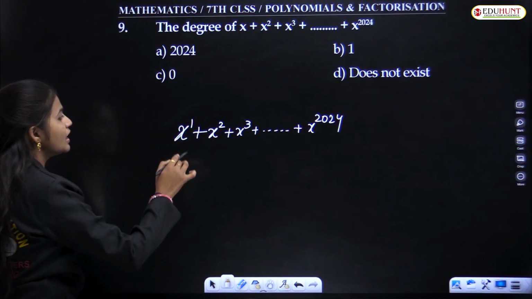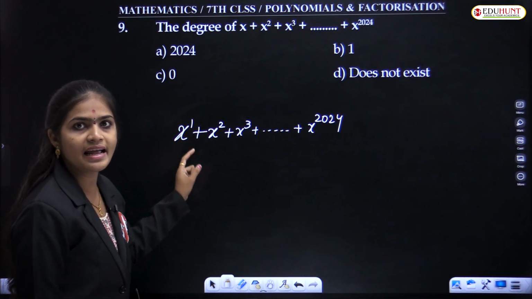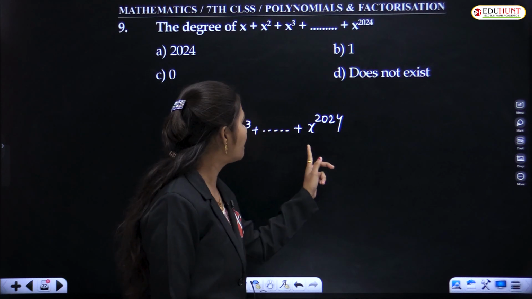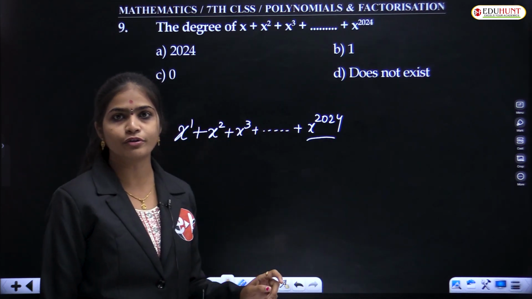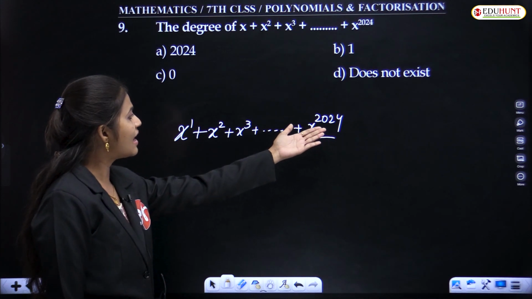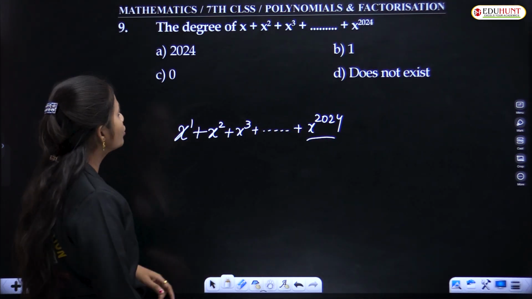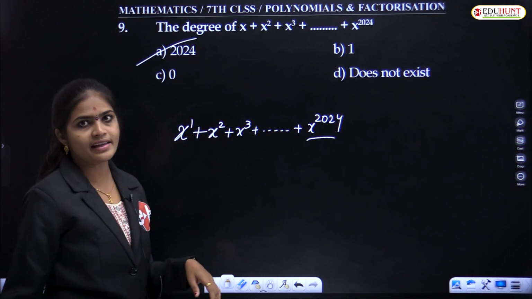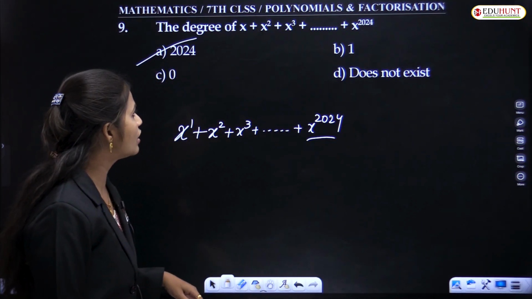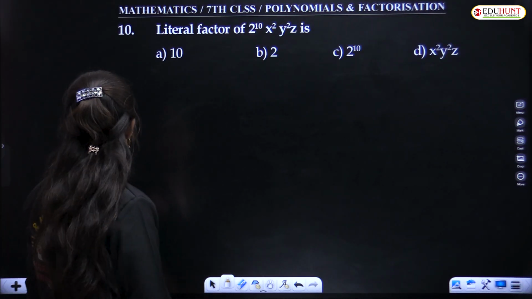So what is the highest power here? The first is x power 1, x square, x cube, x power 4, x power 5, like that up to x power 2024. The last power is 2024, so the degree is 2024. The highest power is nothing but the degree of a polynomial, right? So let us see the next question.